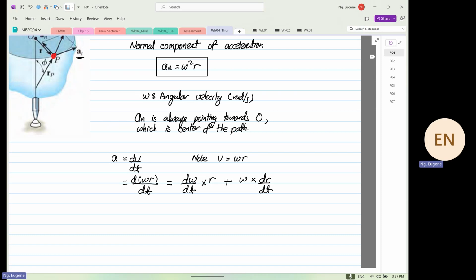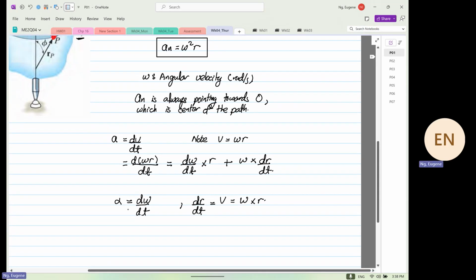So we are aware that alpha is equal to d omega over dt, right? We know that, and we also know that dr over dt is equal to your velocity, and this is equal to omega cross r. Okay.